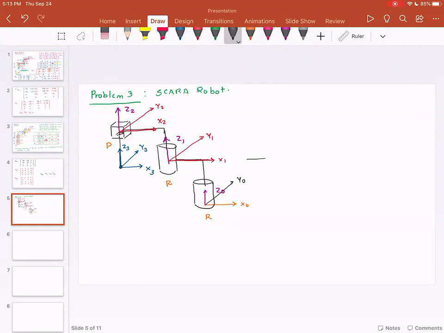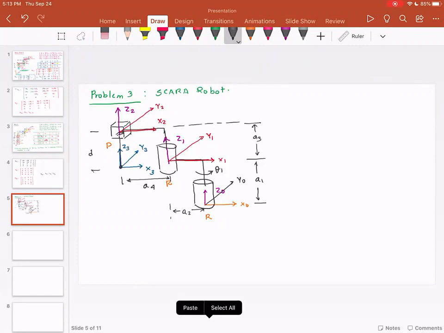And now I'm going to add the distances. The distances are a1, this angle is theta 1, this distance is a3, this distance is a2, this distance is a4, and this distance is d3.